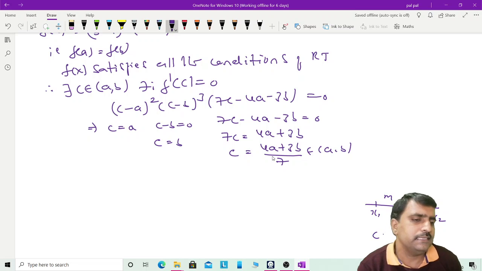Then c is equal to m x2 plus n x1 divided by m plus n.